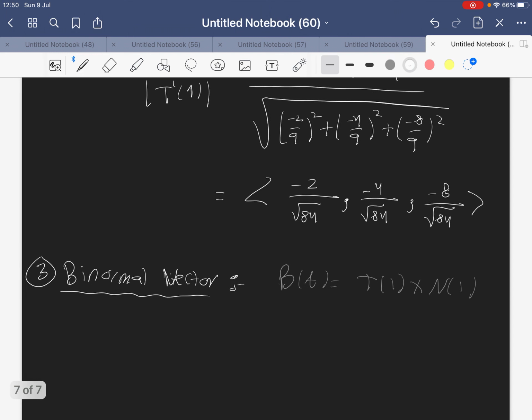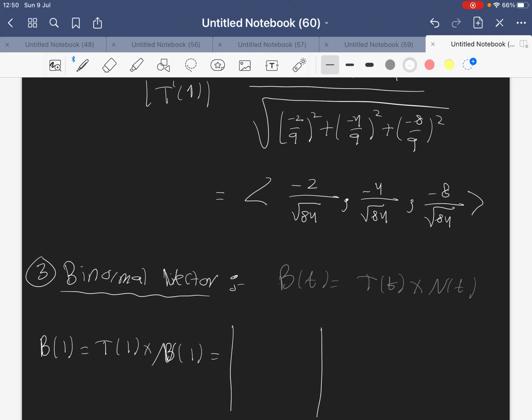So this is a little bit straightforward because all we need to do is substitute 1. Sorry, it's B of t, and we substitute t equal to 1. It will be just T of 1 cross N of 1.